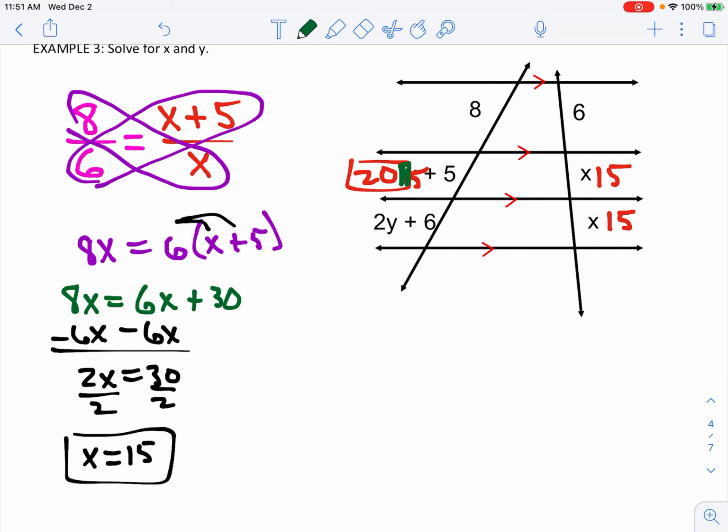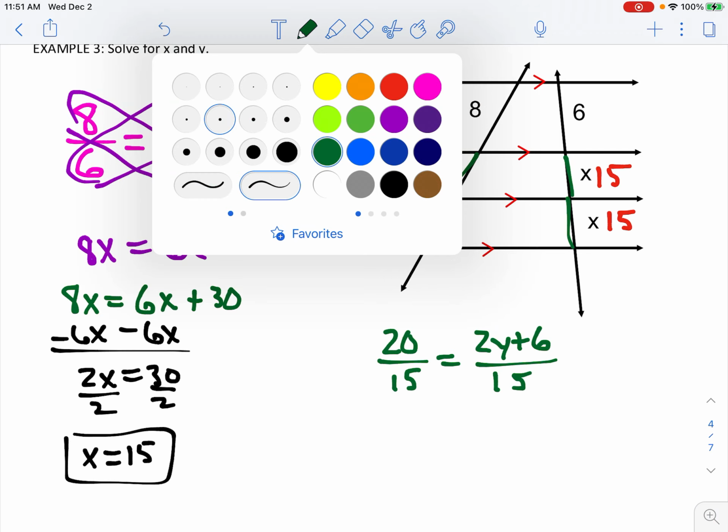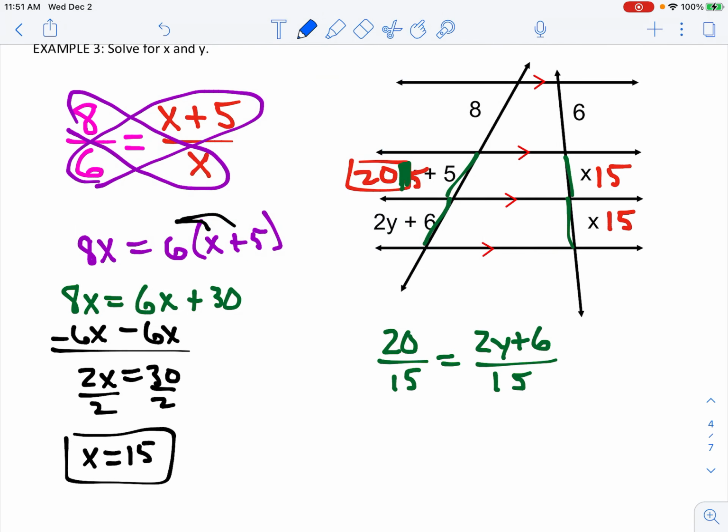So remember, 20 would go with the 15, equals, stay with the pattern, 2y plus 6 over the other 15. Now again, as long as you stay with the pattern and stay consistent, it should always match up. All right, remember we're going to cross multiply.